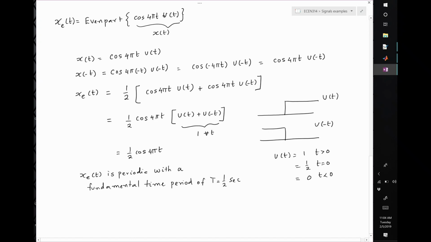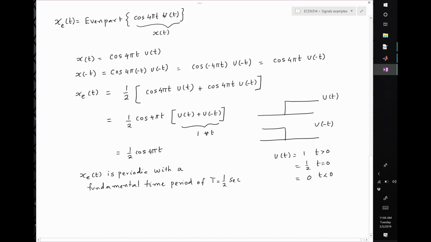But notice that cosine of negative theta is the same as cosine theta. So cosine negative 4 pi t is the same as cosine 4 pi t. So x of negative t now becomes cosine 4 pi t times u of negative t. How do you get the even part?